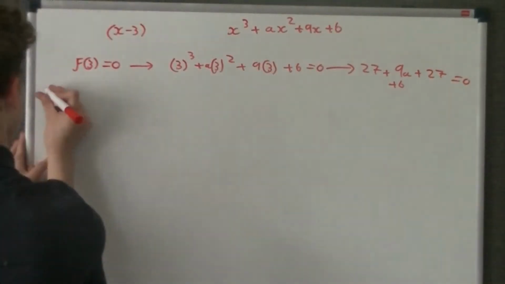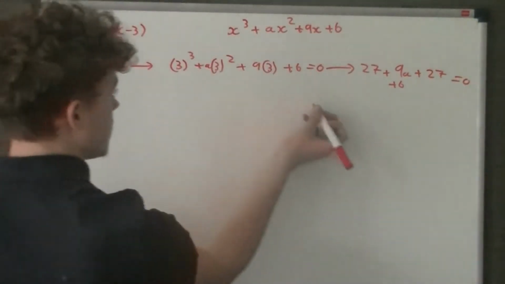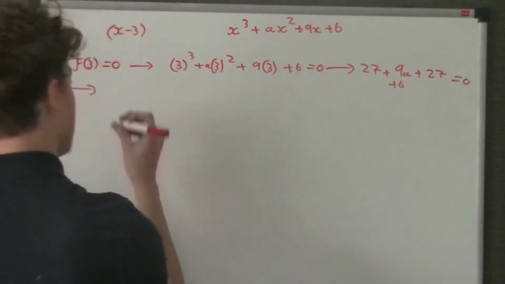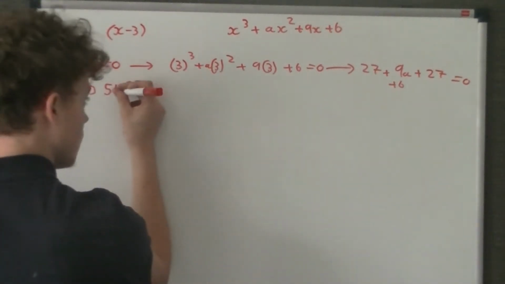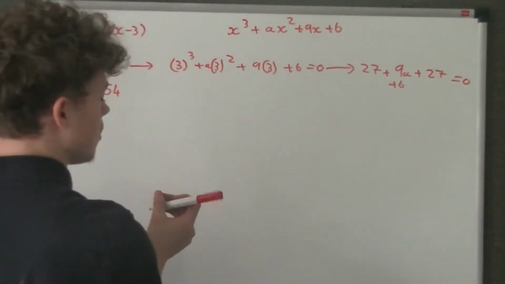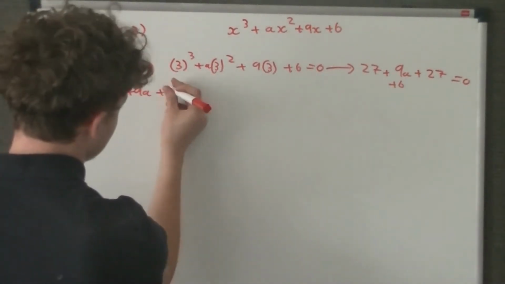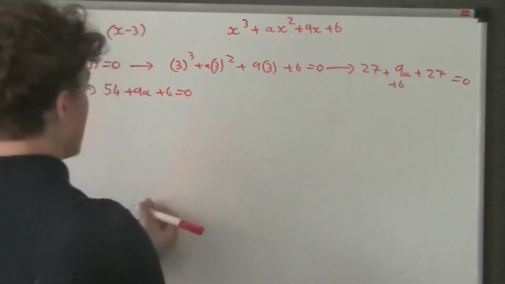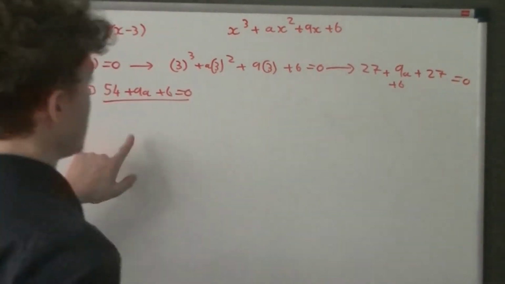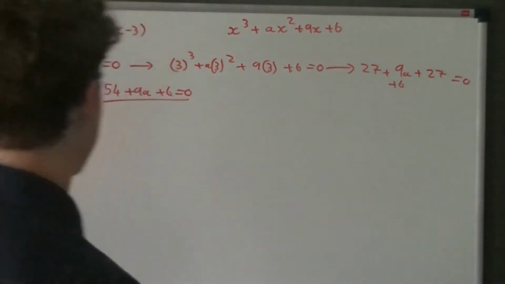Simplifying further, 27 plus 27 is 54, plus 9a plus b equals 0. We are going to rearrange that equation later on, but I'll explain why.